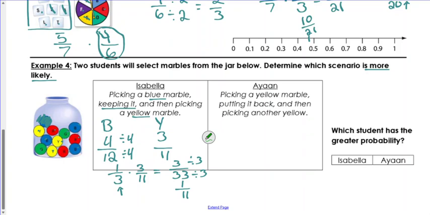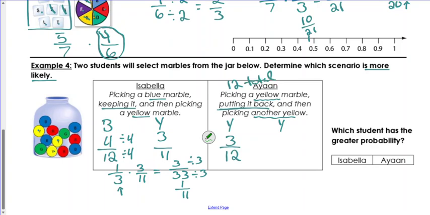What's the chance that Ian pulls out a yellow one, puts it back in, and then gets another yellow one? So yellow followed by another yellow. Well, the chance that he gets a yellow one is 3 out of 12. There's 1, 2, 3 yellow ones out of 12. We've reset the jar of marbles in between these two questions, so we're back to 12 as our total.